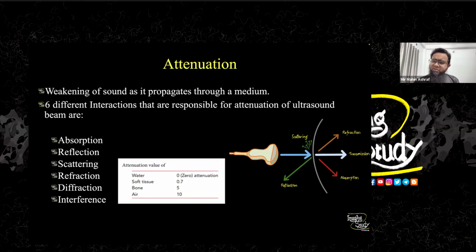There are 6 different interactions that are responsible for attenuation of ultrasound. We'll talk about all of these, which are actually making our sound weakened. This weakening is very important because with this weakening and this change, we can diagnose many different abnormalities.